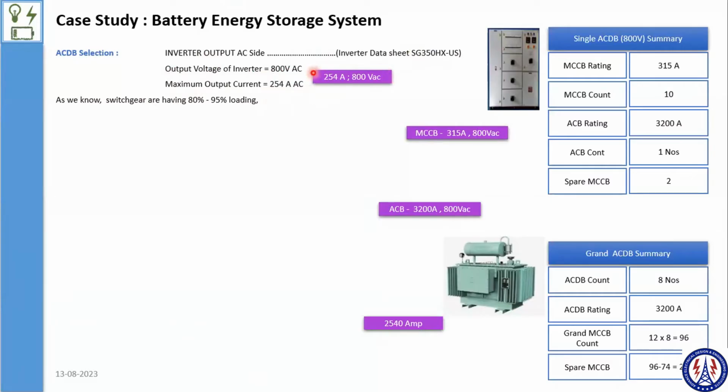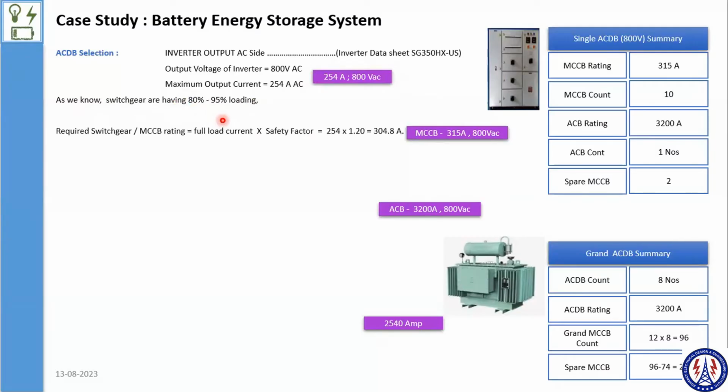This is the output coming from your inverter. We know switch gears cannot be loaded more than 95%; generally they are loaded to 80%. We need to find out the rating of the switch gears for individual inverters which you are going to tap.